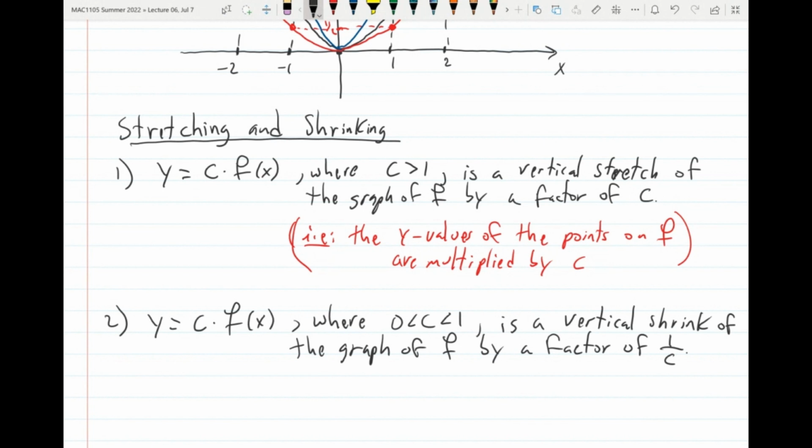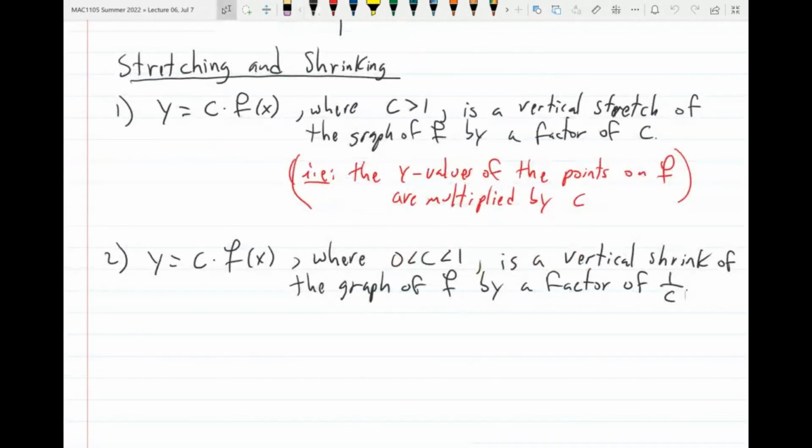The word pay is the one that says put a minus in your balance. If you say I earn $1,000, the word earn puts a plus in your balance. Do you understand what I'm saying? So here, the word stretching, it assumes that you're multiplying already by something bigger than 1. If you say shrinking, then that makes 1 over whatever the factor is. Okay? It's just a matter of language. So it's a vertical shrink of the graph of f by a factor of 1 over c.